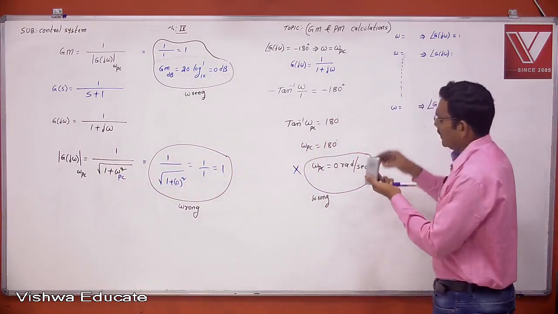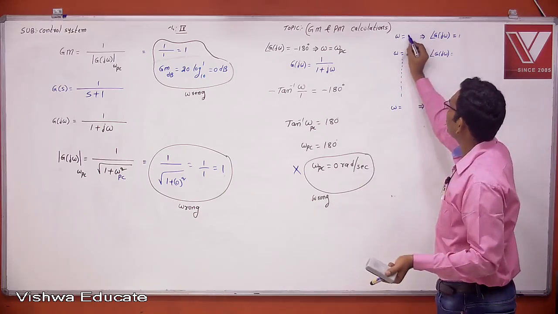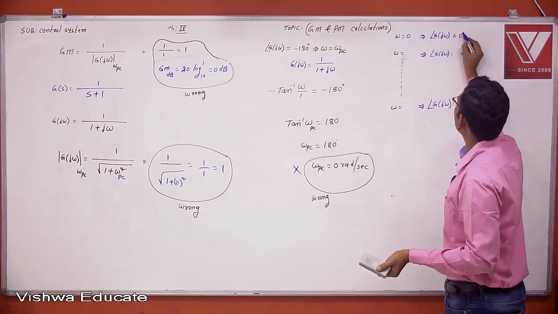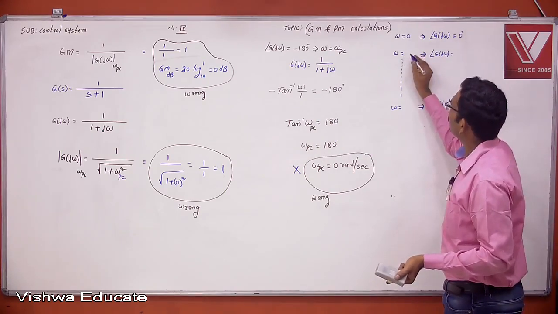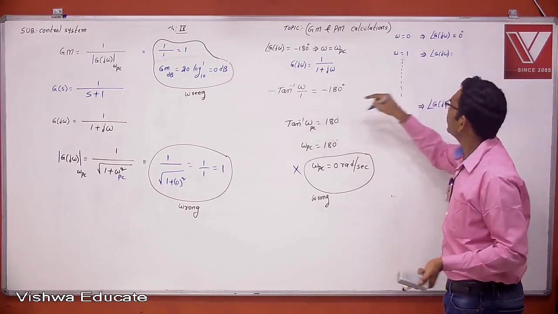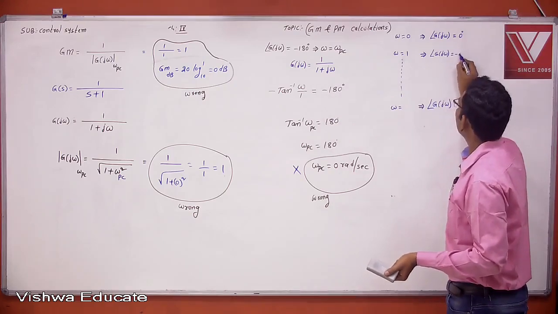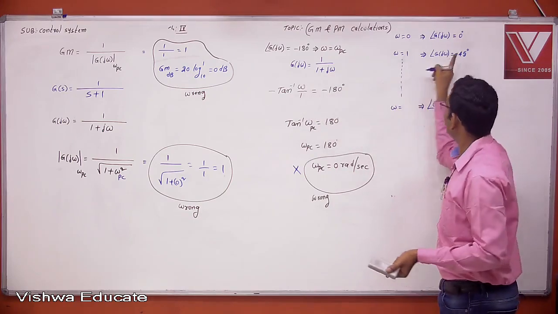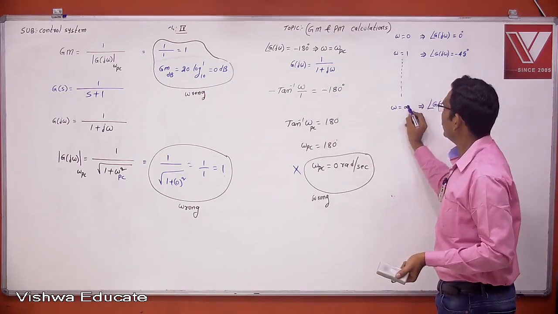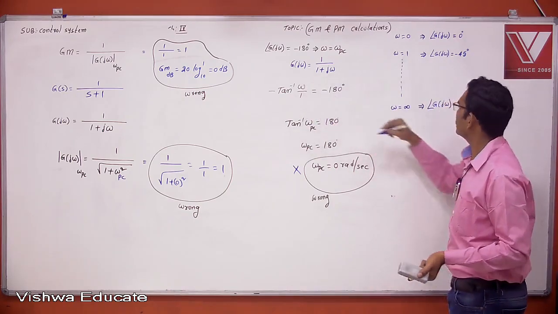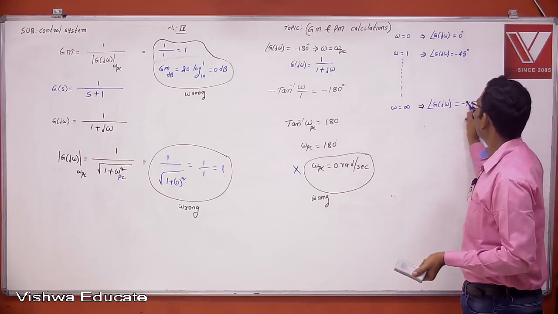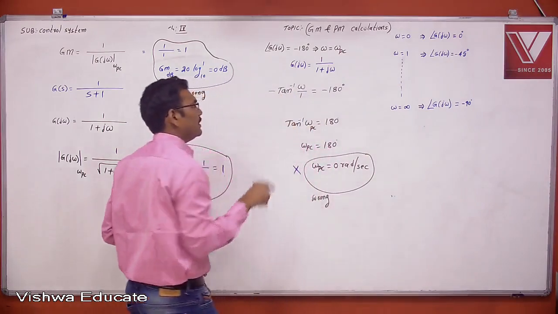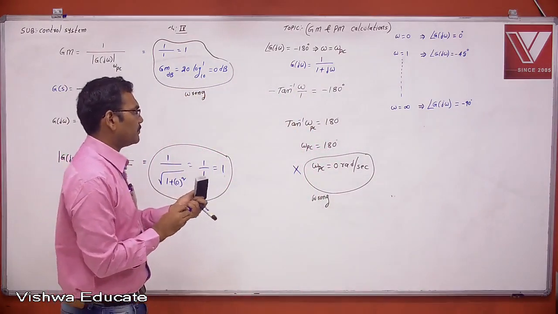When omega equals 0 radians per second, tan inverse 0 is 0 degrees. When omega equals 1 radian per second, tan inverse 1 is minus 45 degrees, and so on. When omega equals infinity, tan inverse infinity is minus 90 degrees.